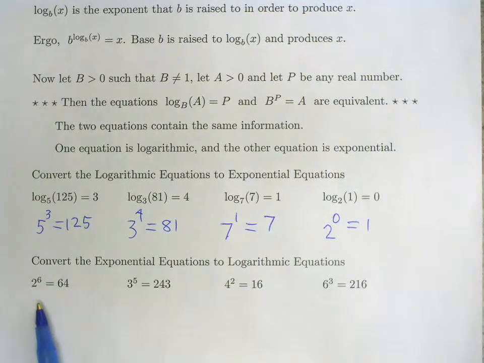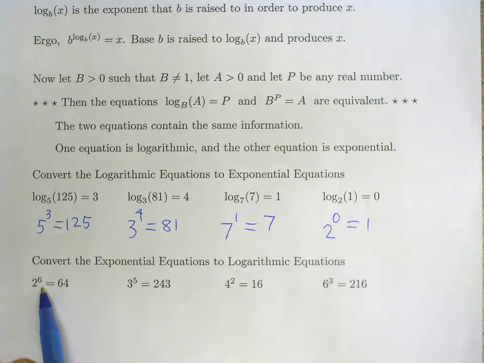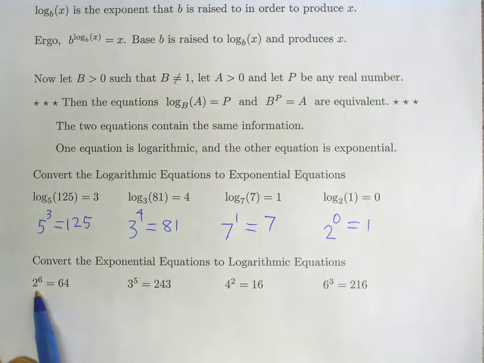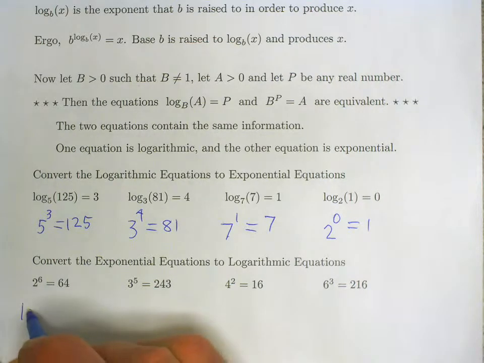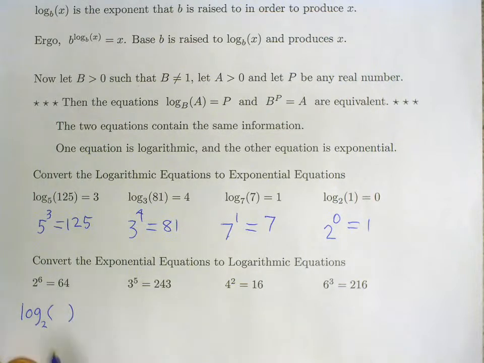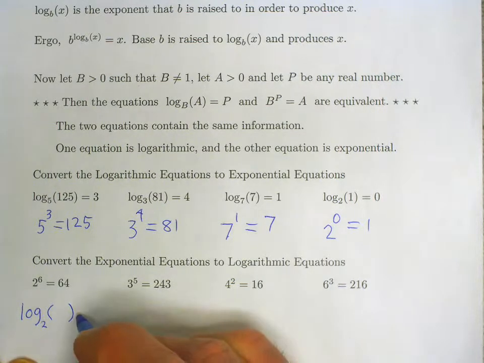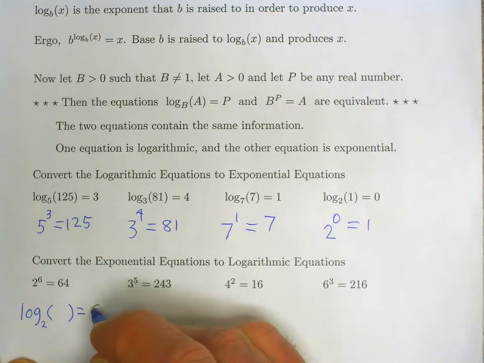2 to the 6th equals 64. We know that's true. To convert it to a logarithmic equation, well, note the base of the exponential. The base is 2. So the base of the logarithm is also 2. The exponent is 6. So the logarithm has to be equal to the exponent.